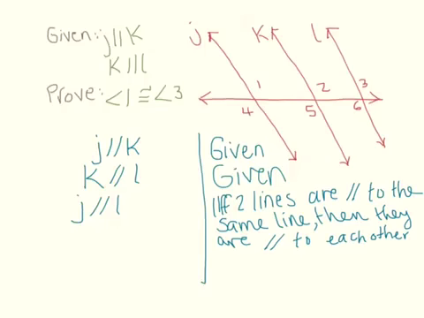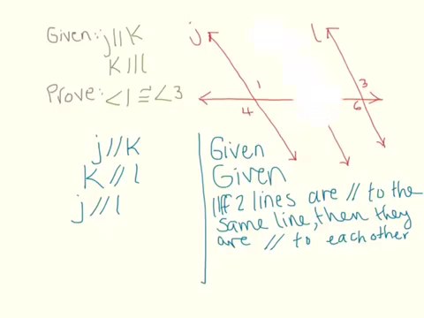And from that conclusion that J is parallel to L, if we pretty much ignore line K in the middle, if we take that out, I'll try to see if I can take that out so that it's clear for you.